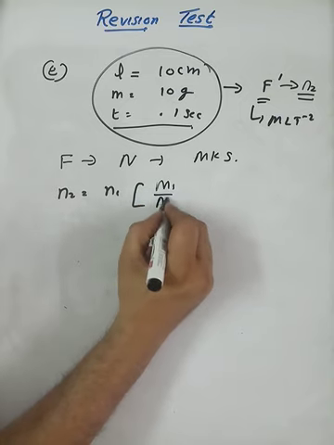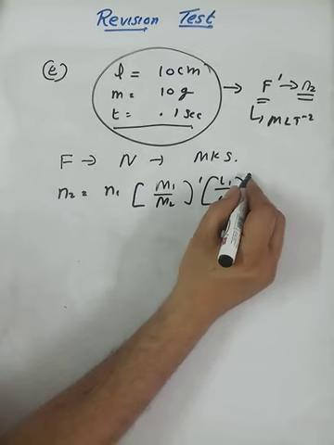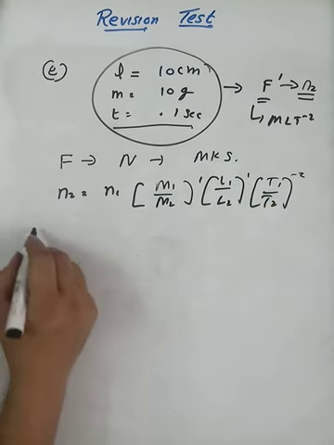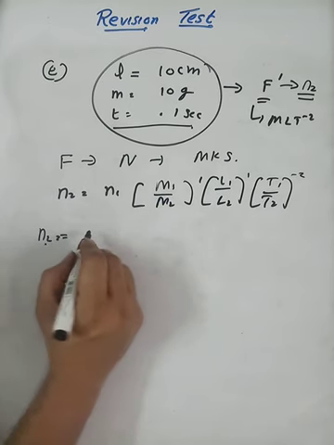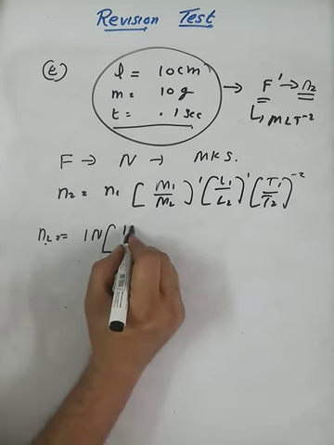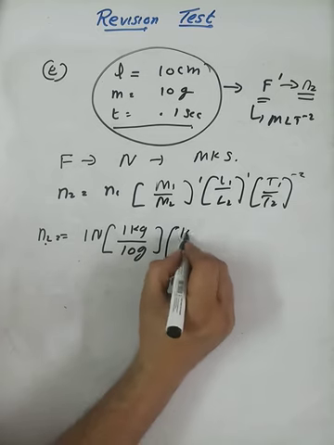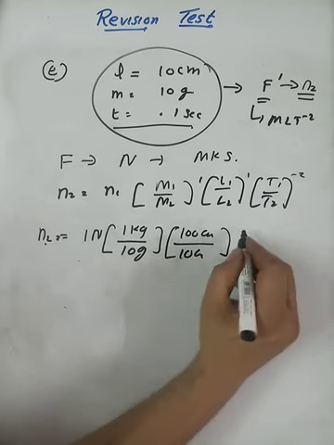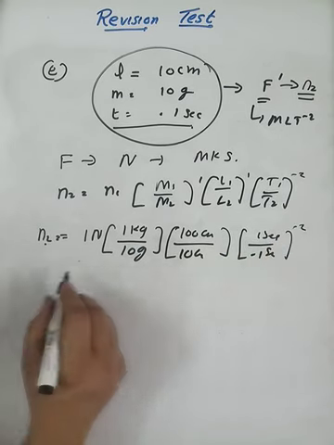N2 equals N1 times M1 by M2 to the power 1, L1 by L2 to the power 1, and T1 by T2 to the power minus 2. N1 is taken as 1 Newton. M1 is given as 1 kg, it is 10 gram. Length is 100 centimeter, it is 10 centimeter. Time is 1 second, it is 0.1 second, to the power minus 2.